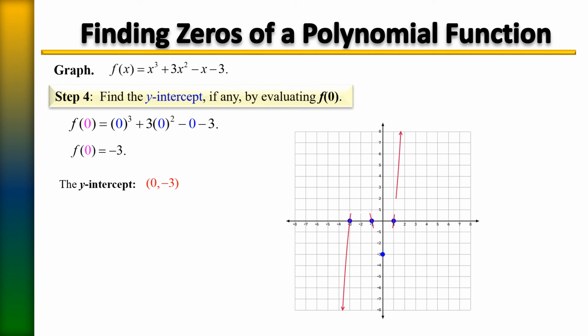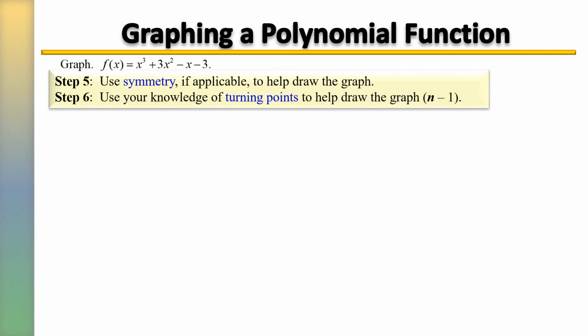But for the sake of going through the steps, I want to look at step 5. Technically we already have an idea of what the sketch and the shape of the graph is going to look like. We really don't need to do 5 and 6. We can just connect it with what we have. But for the sake of going through the steps, I'm going to go through 5 and 6.